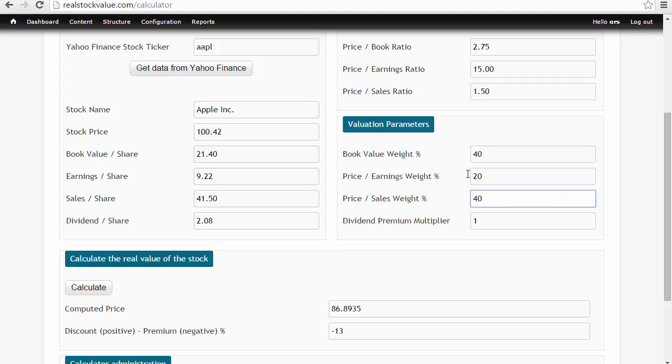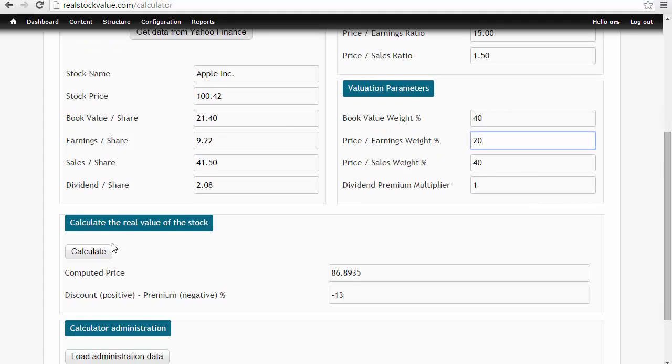Then I can choose book value 40%, price per earnings 20%, price per sales 40%. Based on this, the value of Apple is 78, and we have a premium of 22%.